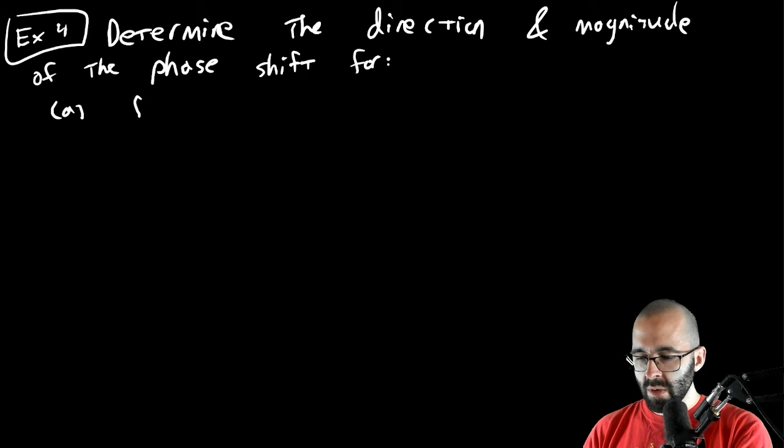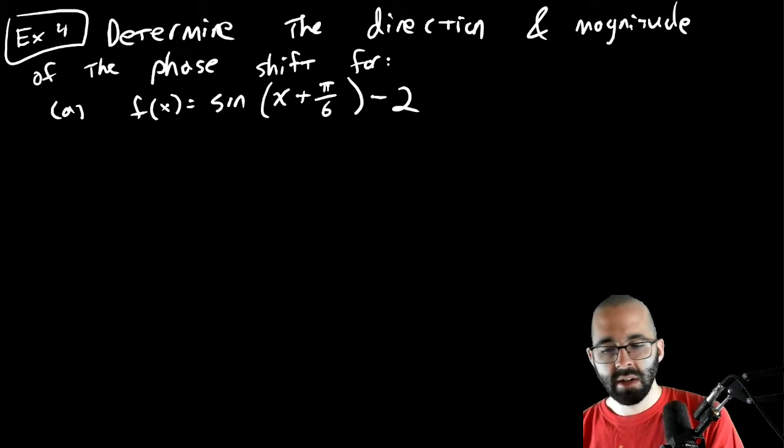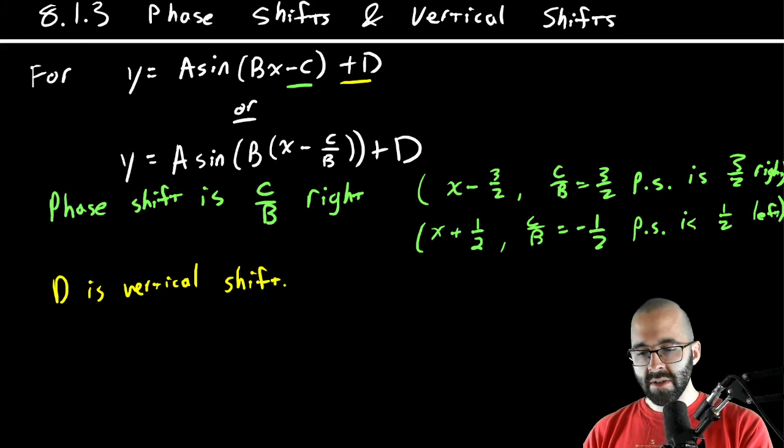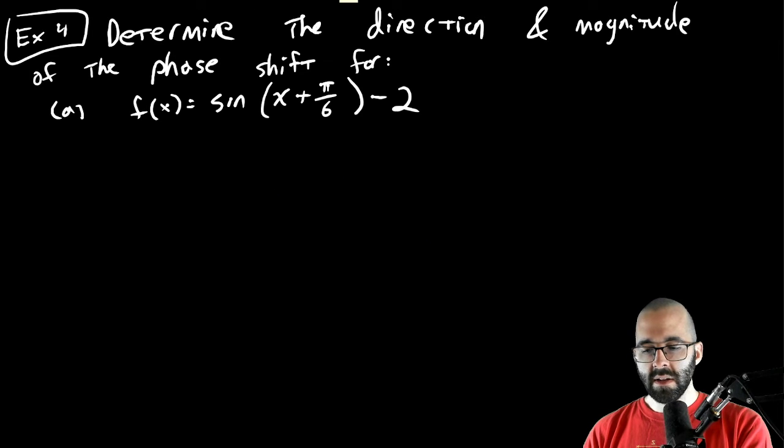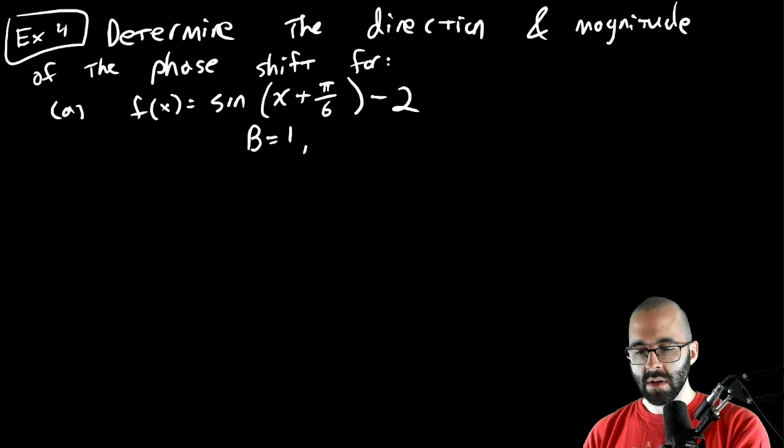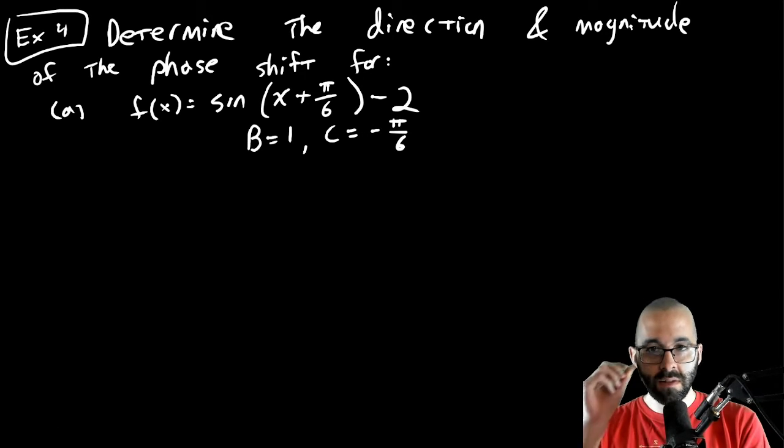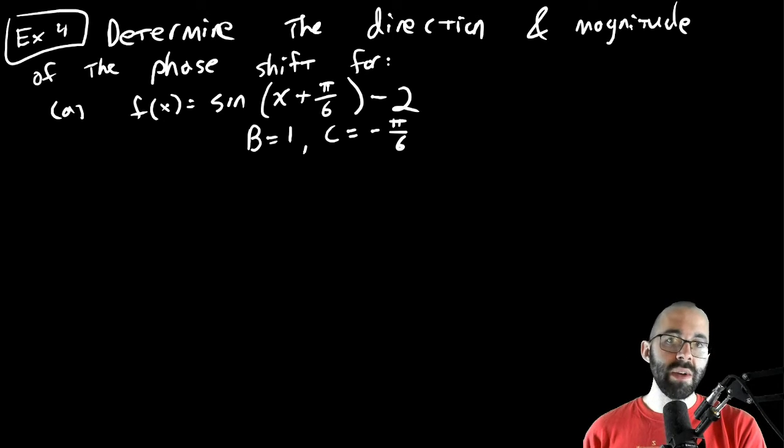Part A, we have f of x equals the sine of x plus pi over 6, minus 2. So notice, in standard or general form, it's bx minus c. Here, b is 1. And c is negative pi over 6, because that general form has a subtraction sign right there.